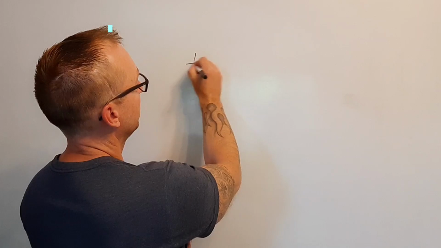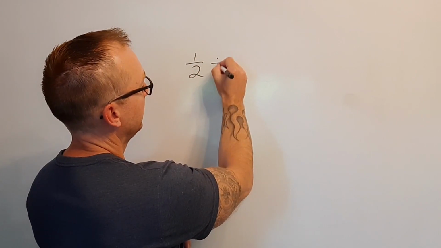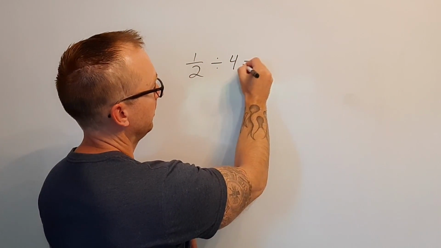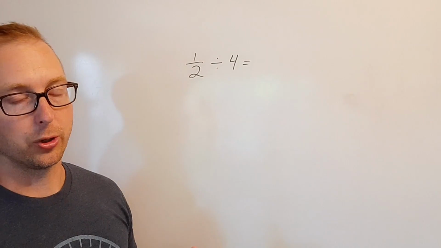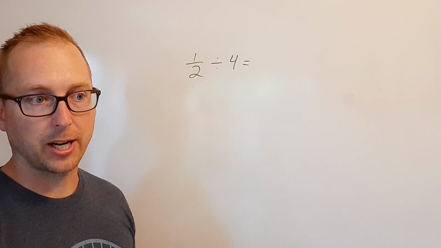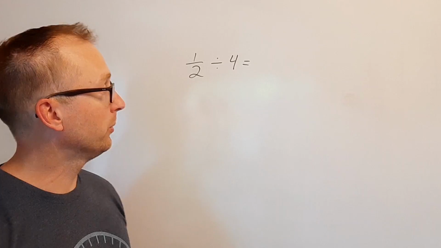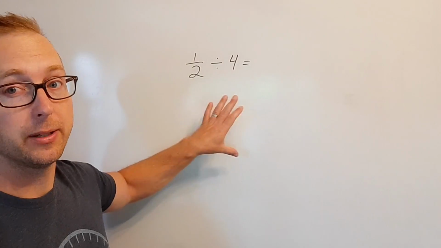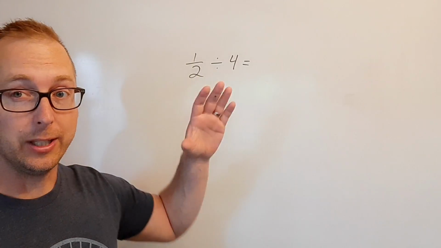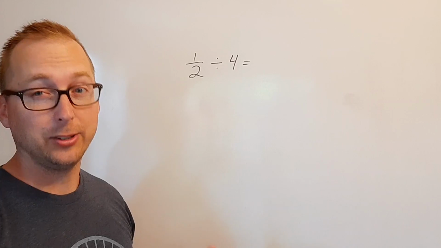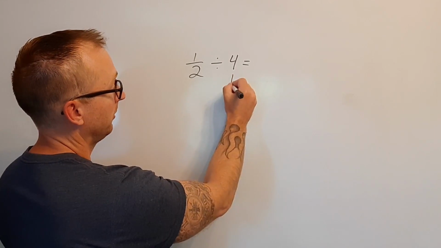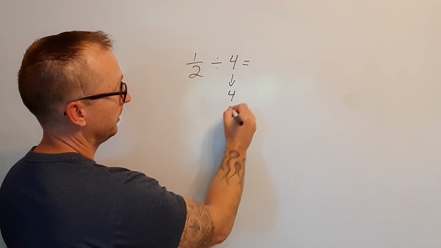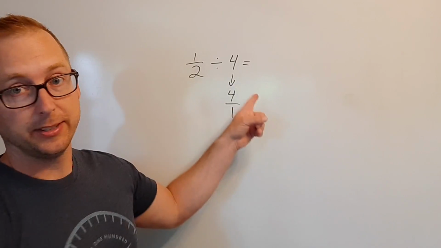So we're going to have 1/2 divided by 4. And we can go back to our original first problem with fraction by fraction. We know how to do that. So we want to make this into a fraction by fraction form. And we know that any whole number we can write into a fraction form. So we know that 4/1 is the same as 4.